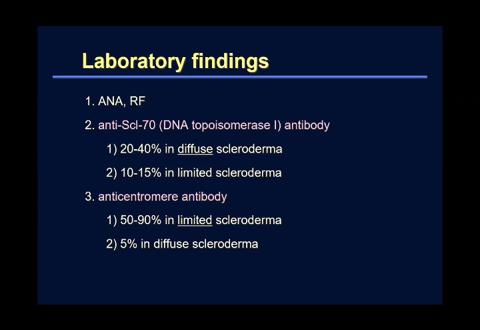If you auscultate the chest, they may have pulmonary fibrosis, or may have evidence of heart failure. So these are the patients who usually present with Raynaud's phenomenon with a GI motility disorder, or may present with hypertension or heart failure in advanced disease, or even renal failure in advanced disease.